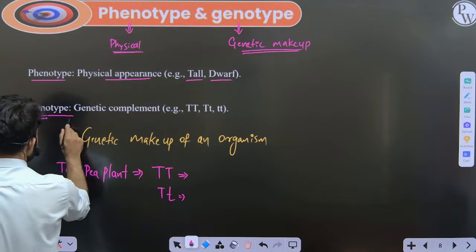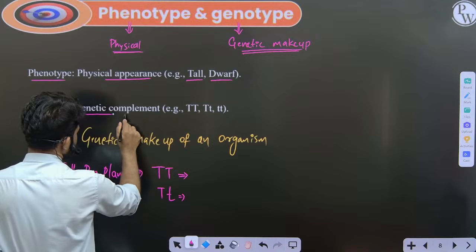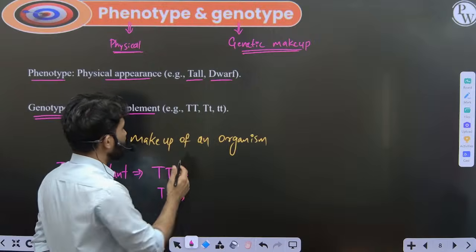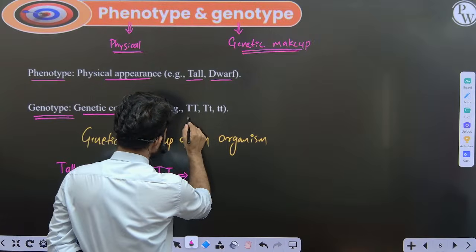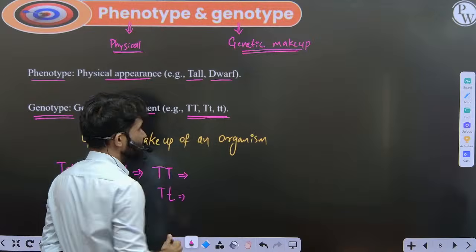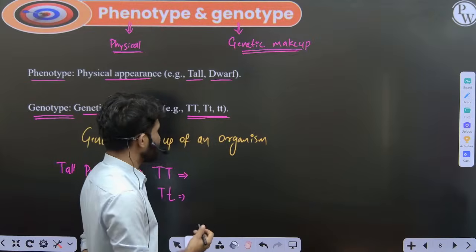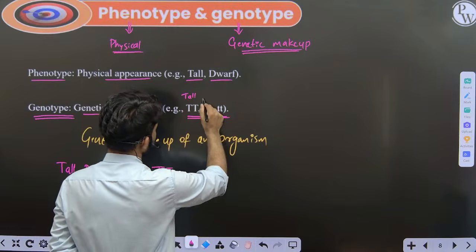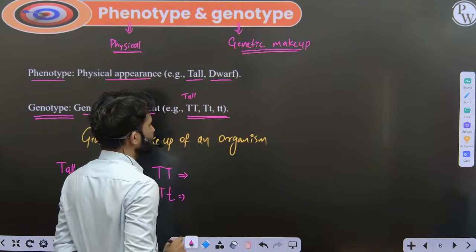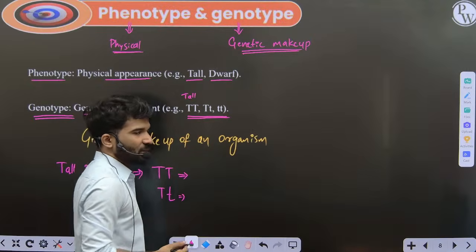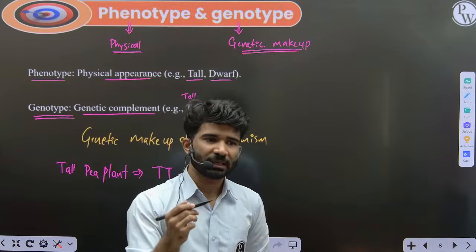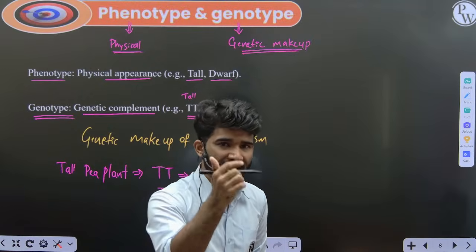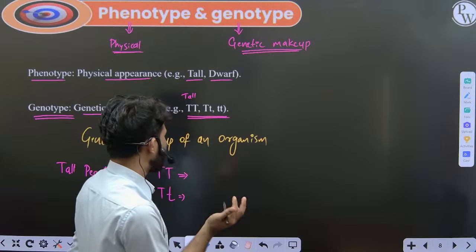When it comes to the genetic composition, that is genotype, since you can't see genes, it can be represented with symbols, for example for a homozygous plant, that is the height of the plant.